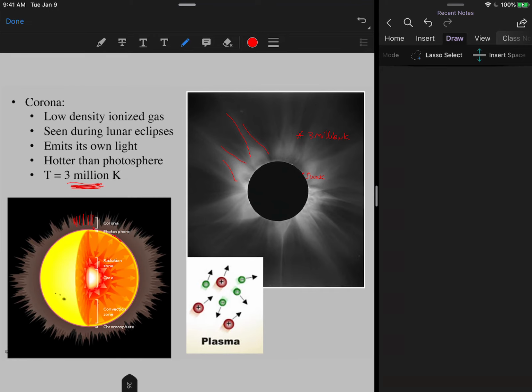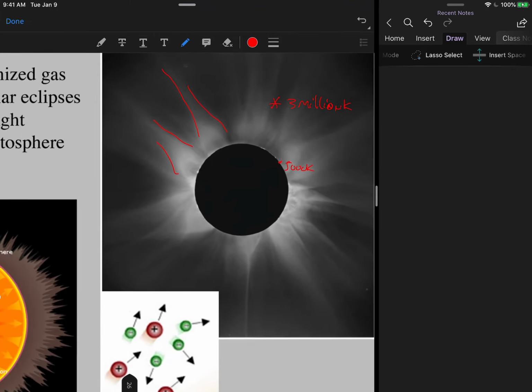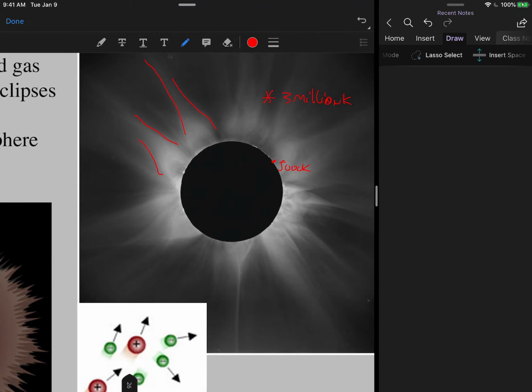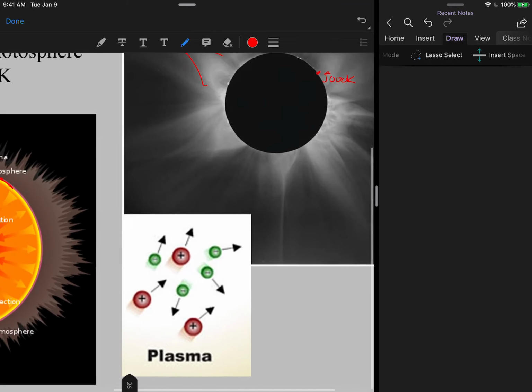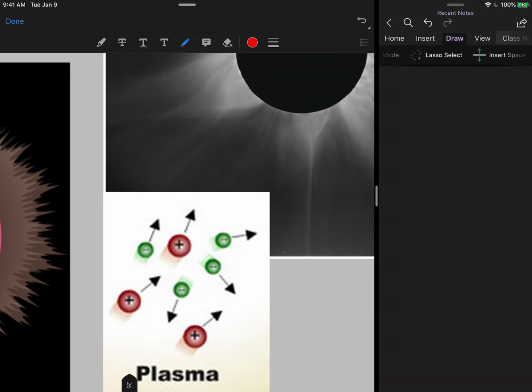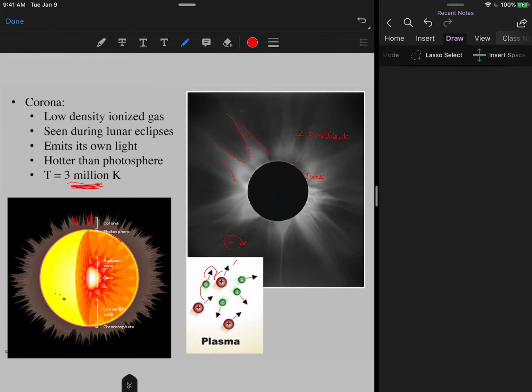We don't know why this happens, but because it's so hot here, you don't have a gas anymore, but you have a plasma. Because an atom, whenever it's too hot, so this is a hydrogen atom here, hydrogen gas, when it's too hot, it's broken up into its constituent pieces to make a plasma. And this region also, since it's so hot, emits its own light.